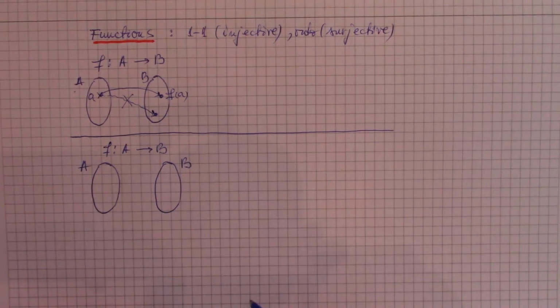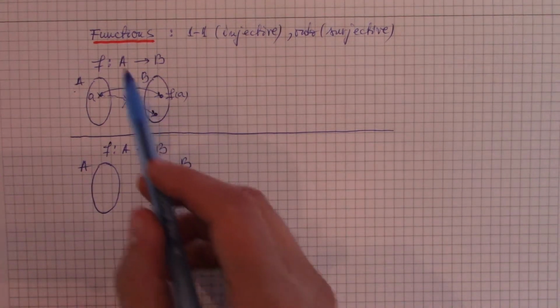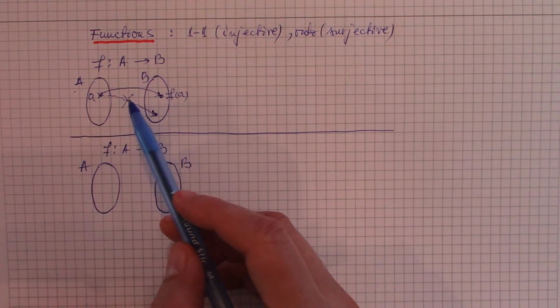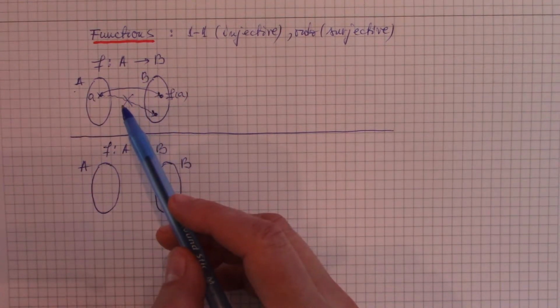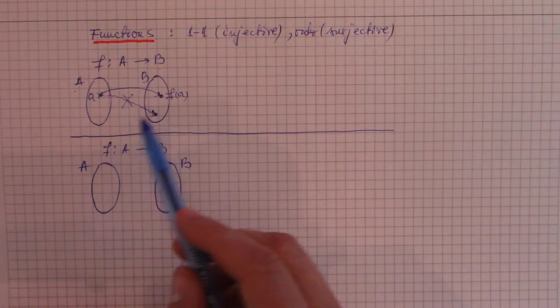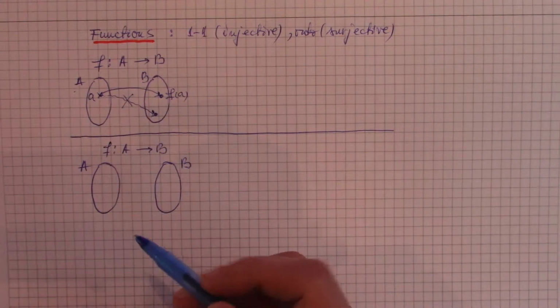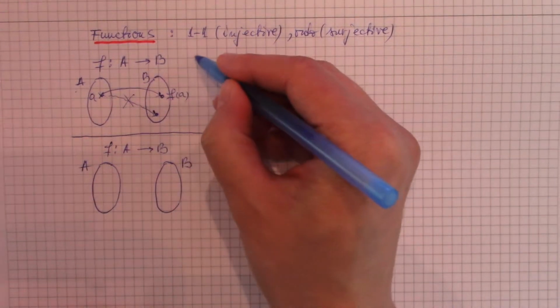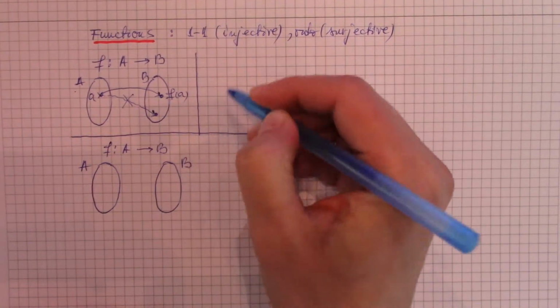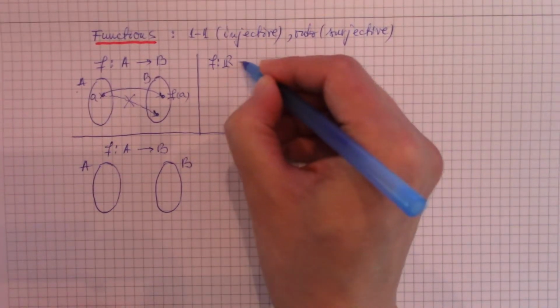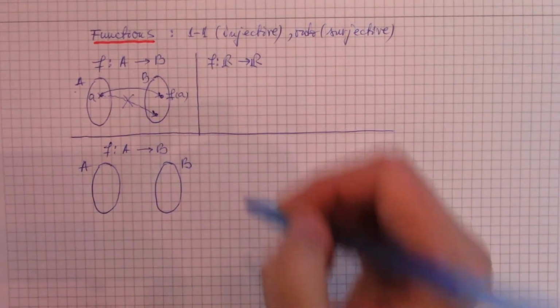Now, we mentioned in a previous video that this is a very good initial view of what a function is, but slowly we have to move away from it because this view just doesn't scale. So let's look, for example, at a function defined on the real numbers with values in the set of real numbers.